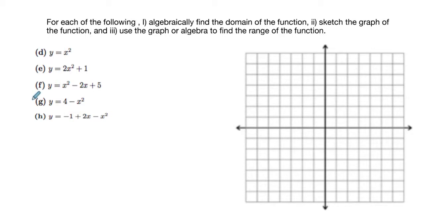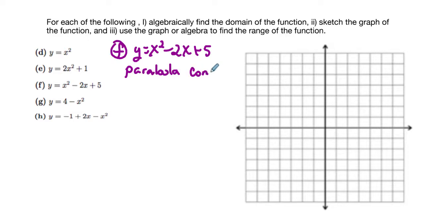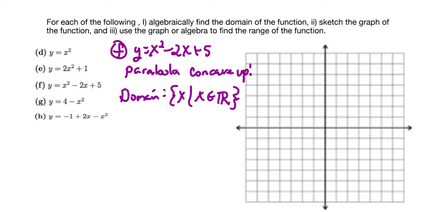So I'm going to do F with this new knowledge. Again, since it's a parabola and I'm not dividing, I don't have x in the denominator of a fraction, and I don't have x underneath a square root, I know my domain is x such that x is an element of the real numbers. Now this parabola is a concave up parabola, so all I need to do is figure out my vertex.